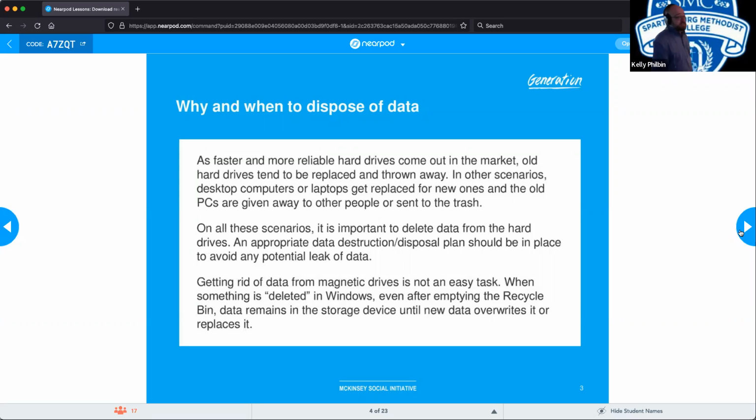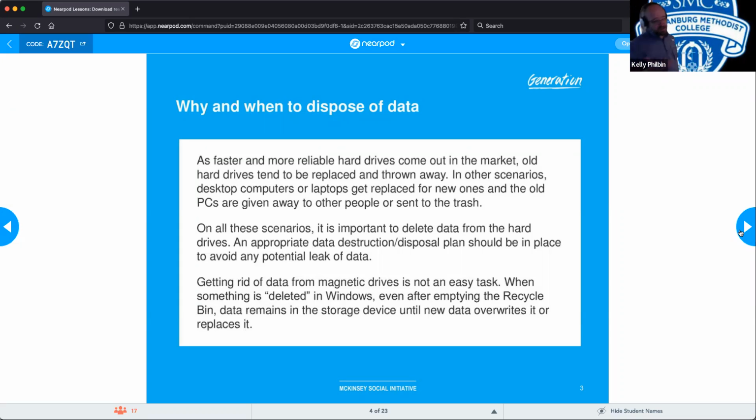So even when we delete it, it isn't necessarily gone. Even when we empty the recycle bin, it isn't necessarily gone. It's still there. Just the means by which the computer allocates it or looks for it has changed. That was why it was important to understand the file allocation table and how it sorts data.